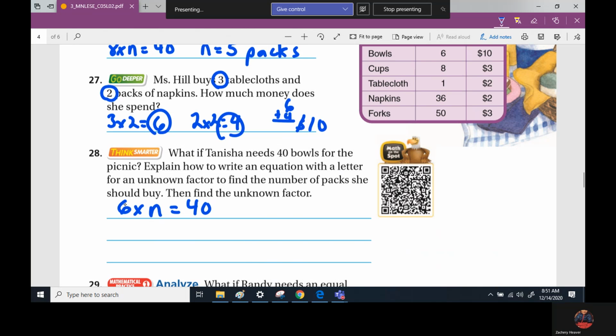But she needs at least 40, so she has to go more than 40. So 6 times n equals 42. And then n equals 7. She needs 7 packs.